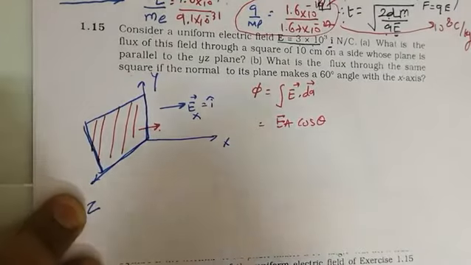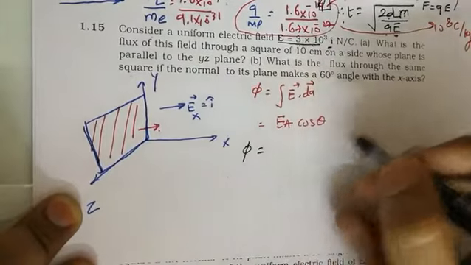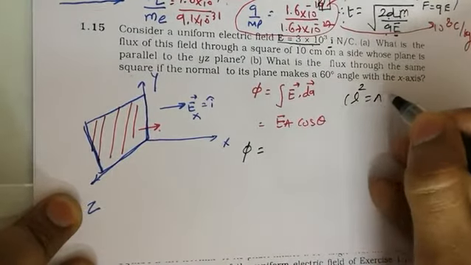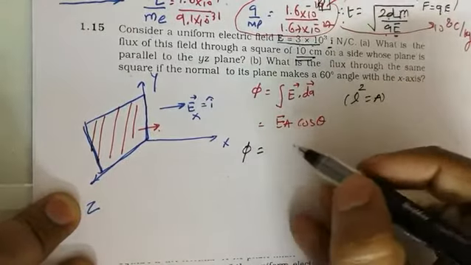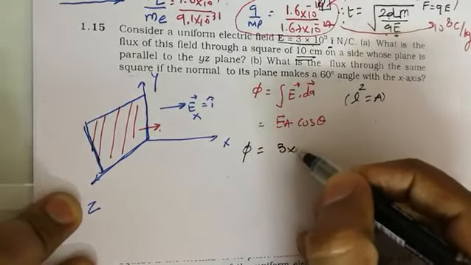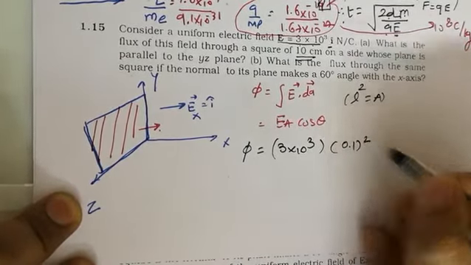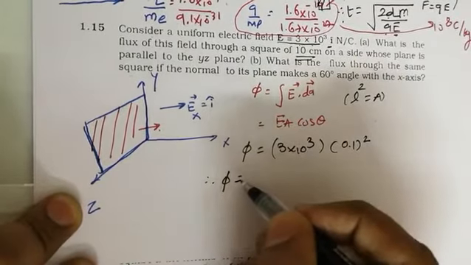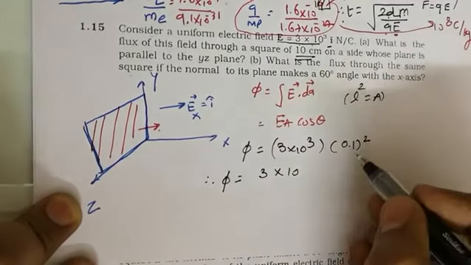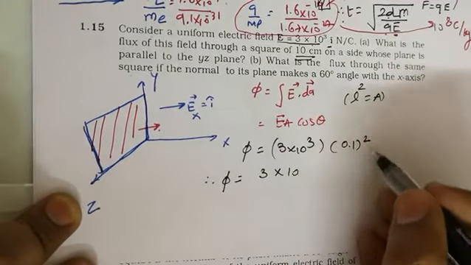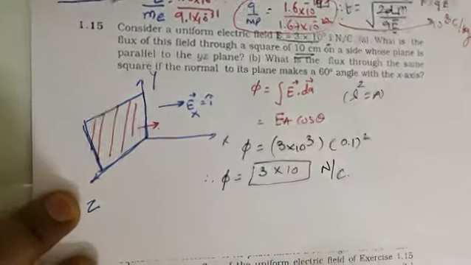But here our theta would be 0, so flux phi, because L square is the area and our length is 10 centimeter, for the electric field 3 cross 10 to the power 3 and area 0.1 square, we will have 3 cross 10 to the power 3 times 1 by 10 times 1 by 10, so that is 30 Newton per Coulomb.